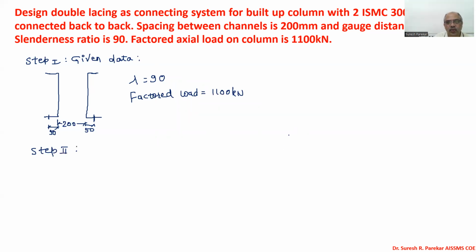Now we are going to draw the diagram in which we have to find the value of A1. What is A1? We have already seen. We will go to the next slide and draw diagrams over there. So we have double lacing now. Try to understand the difference between single lacing and double lacing.